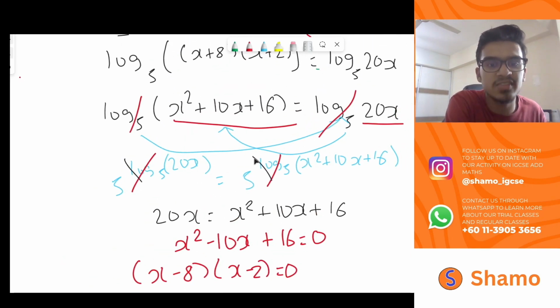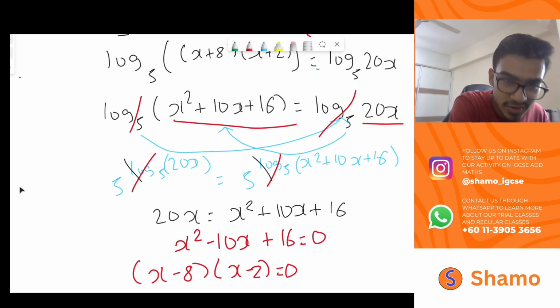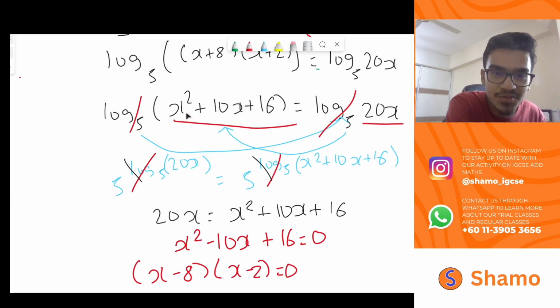x squared plus 10x plus 16 has to be positive, right? So, I mean, if you think about it, if x is positive, there is no way in hell that this comes negative, right? Positive number squared plus 10 times a positive number plus 16. So this just has to be positive no matter what happens, right?